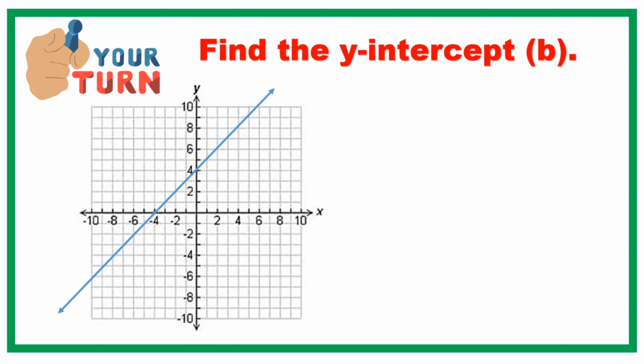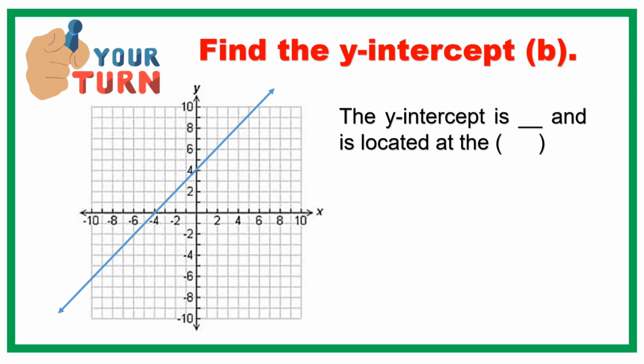Okay, what is our y-intercept? The y-intercept is, go. The y-intercept is 4 and is located at (0, 4). The y-intercept again is 4. You got it.